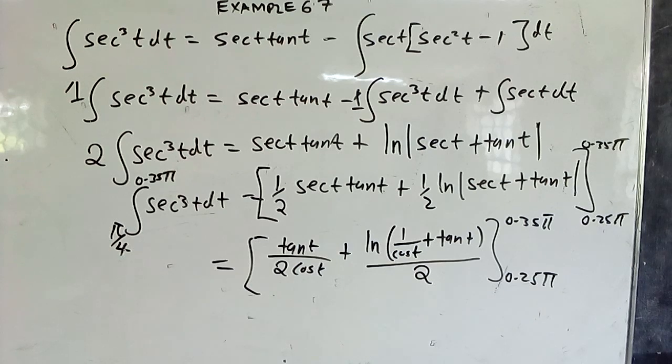Then in the numerator we have tan answer over 2 cos answer, then plus, in the numerator, ln in bracket 1 over cos answer plus tan answer.